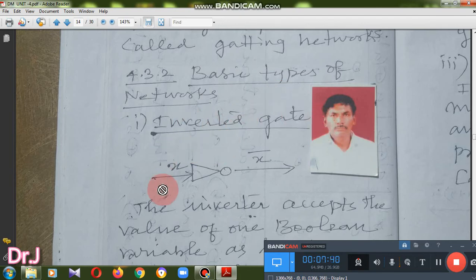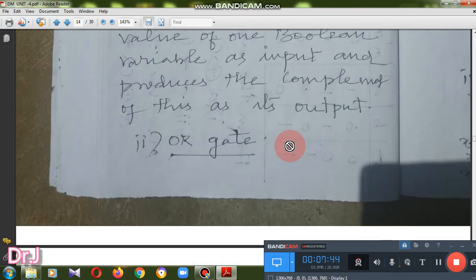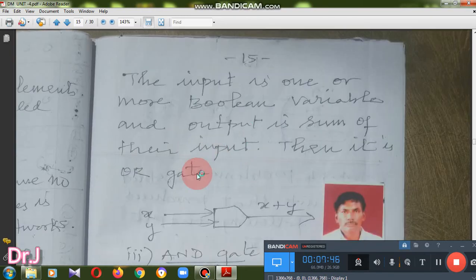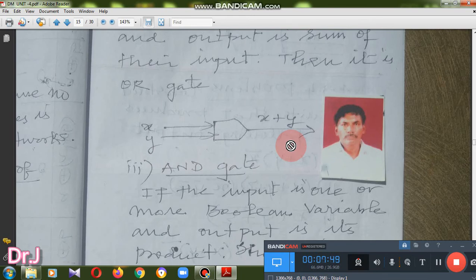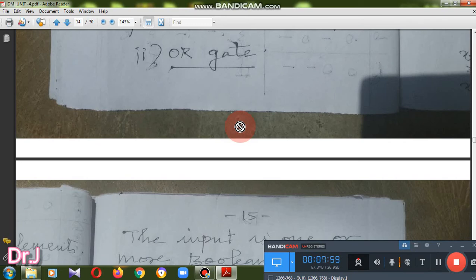The inverter gate inverts the given variable into its complement. Next is the OR gate: when two or more variables are coming in, it converts these variables into the join of all the variables. This is called the OR gate.